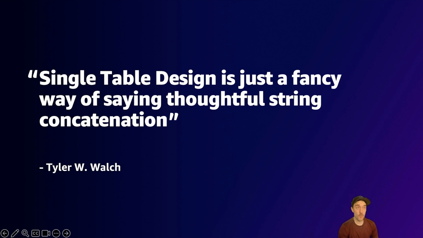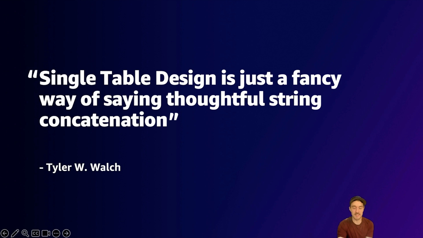Where you draw the line on what's too complex or what's not complex, or what doesn't seem clean, is up to you. What you need to realize about DynamoDB is that in order to get the most out of it, and much of this is supported, look up single table design by Rick Houlihan. He has a great talk on this for Ring.